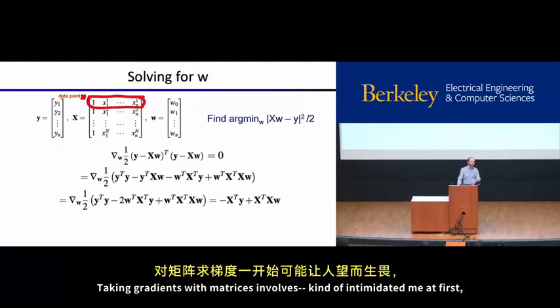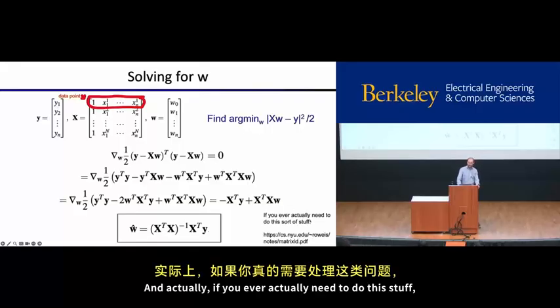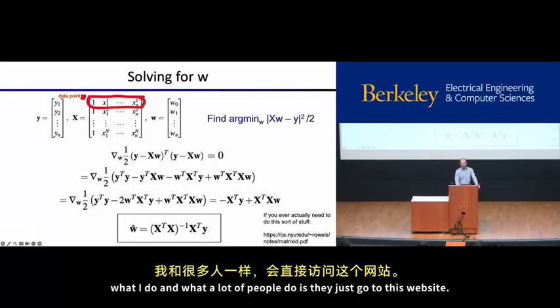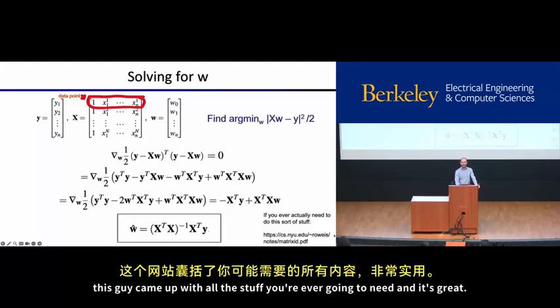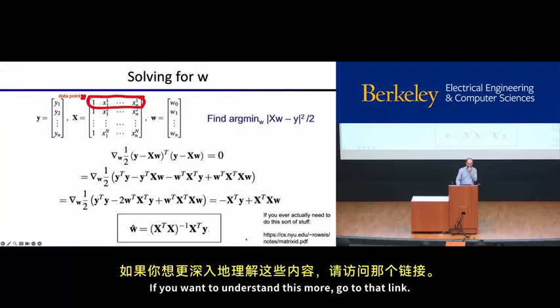Taking gradients with matrices kind of intimidated me at first, but you can do it. And if you ever actually need to do this stuff, what I do and what a lot of people do is they just go to this website. This guy came up with all the stuff you're ever going to need, and it's great. So there you go. If you want to understand this more, go to that link.